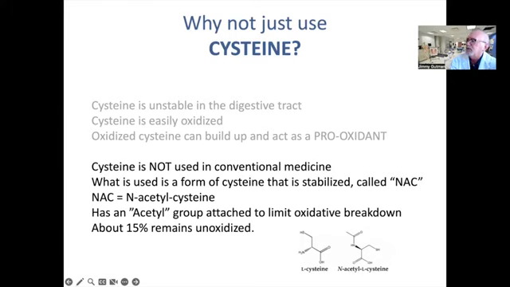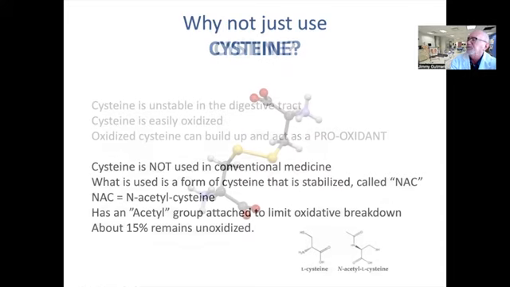So NAC can resist oxidation about 15% of the time, which means that 85% is oxidized, which is why NAC has potential side effects that can be annoying. Also, the long-term use is limited because of this problem.